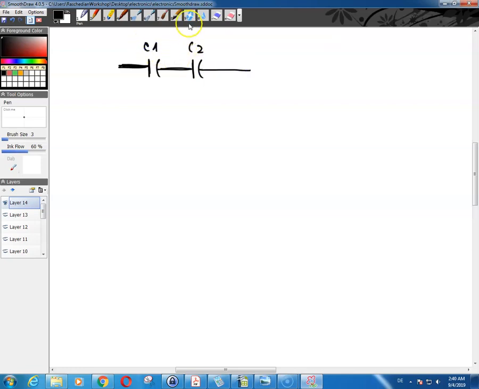The first one is 1 microfarad, the second one is 2 microfarad, and you want to find the total capacitance here, from here all the way up to here. The formula for this is 1 over C of t is equal to 1 over C1 plus 1 over C2.